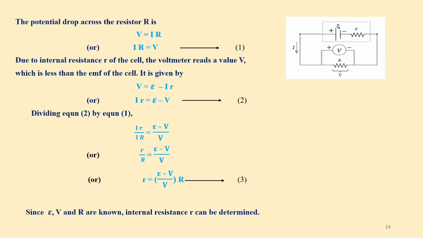So in equation 3, since epsilon, capital V and capital R are known, the internal resistance small r can be determined.